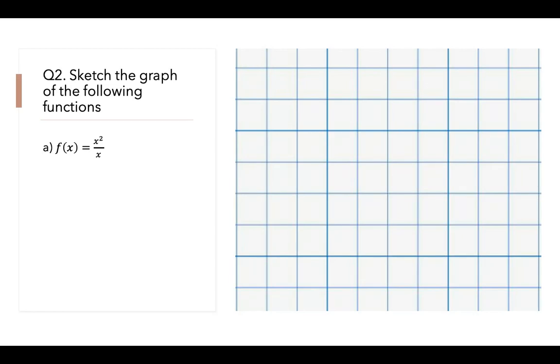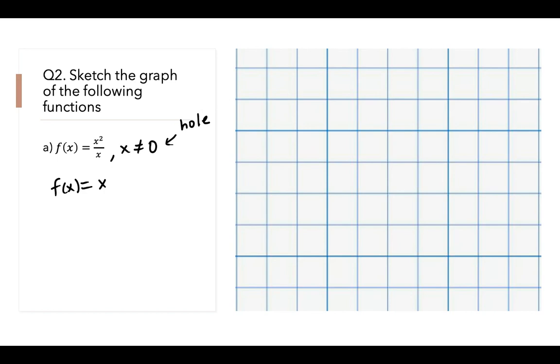The first thing is to simplify as much as you can. x squared divided by x is x. We know x cannot be equal to the denominator's zero, but because we canceled it, this means there is a hole at x equals 0, because the numerator and denominator both equal 0 there.